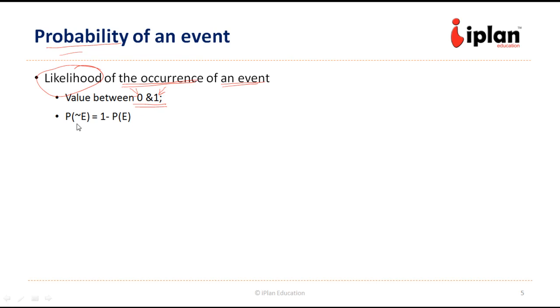Now the negation of an event, the probability of particular event not occurring is 1 minus probability of occurrence of that event. For example, if the probability of occurrence of 1 while throwing of a dice is 1 by 6, then probability of not occurring 1 is 5 by 6, which is 1 minus 1 by 6.